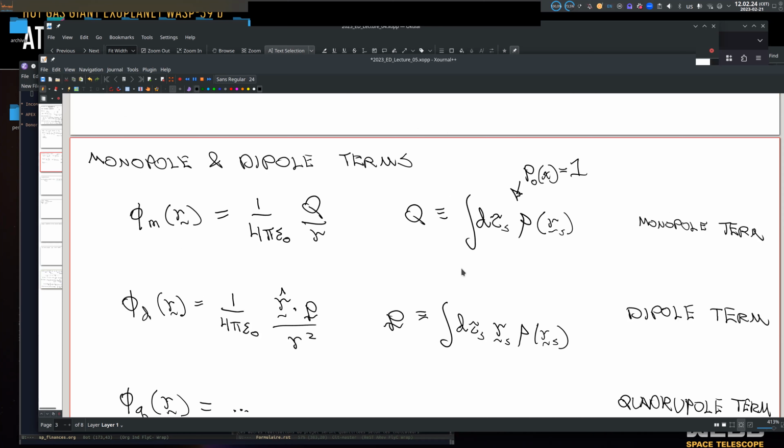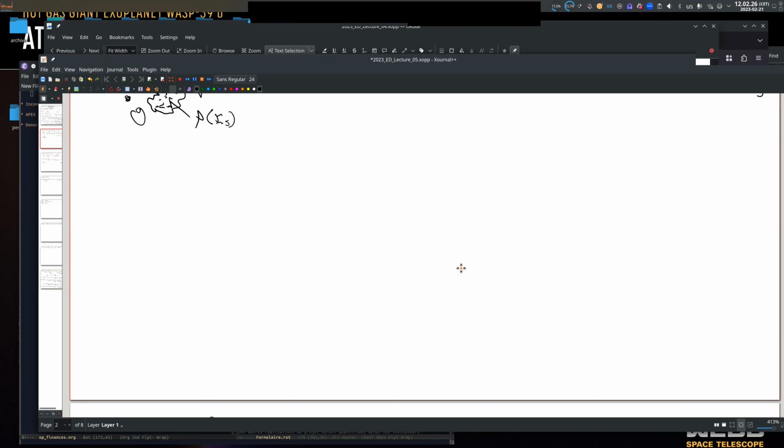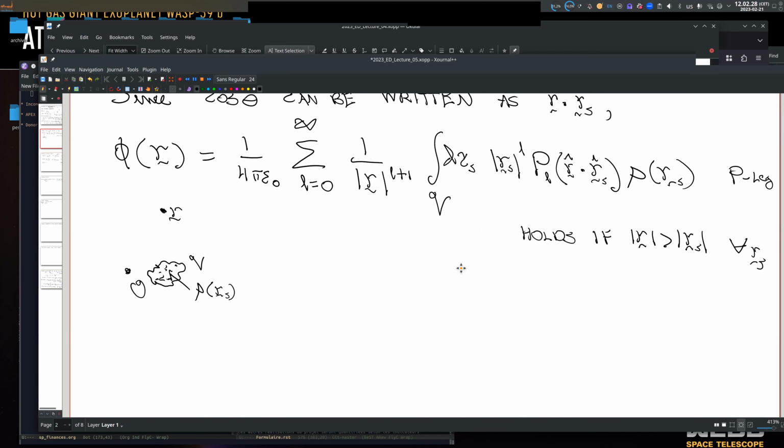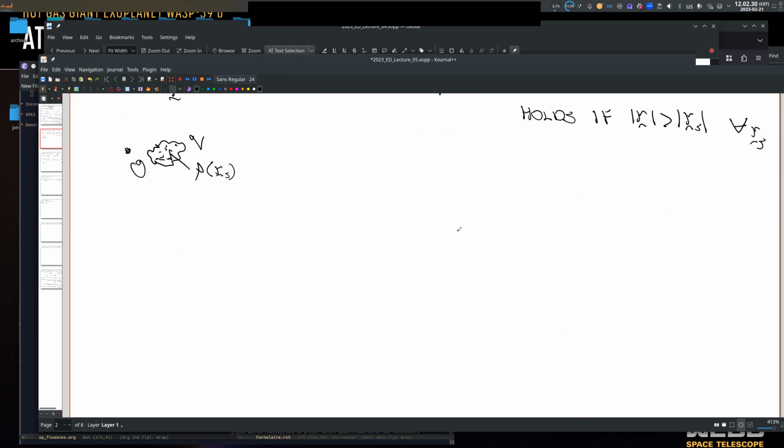So let's just kind of understand a little bit what kind of thing we're doing. Maybe you can even redo the drawing to make it more explicit. So I've got my origin here. I've got a blob of charges, and now I'm going to an observation point which is very far away.